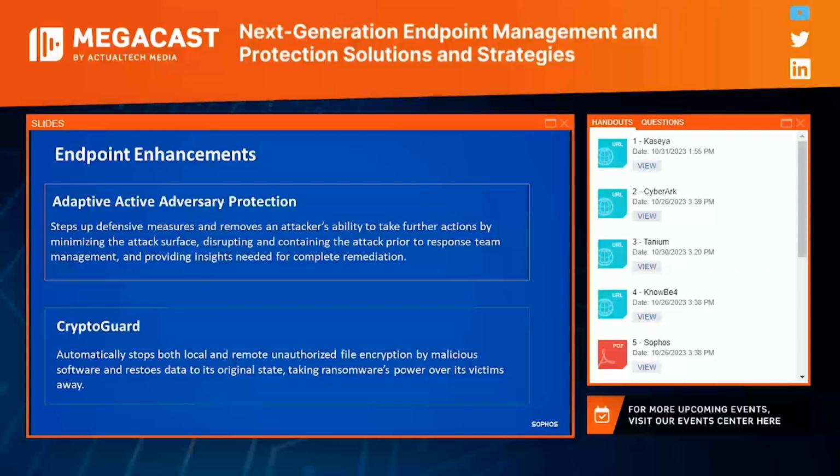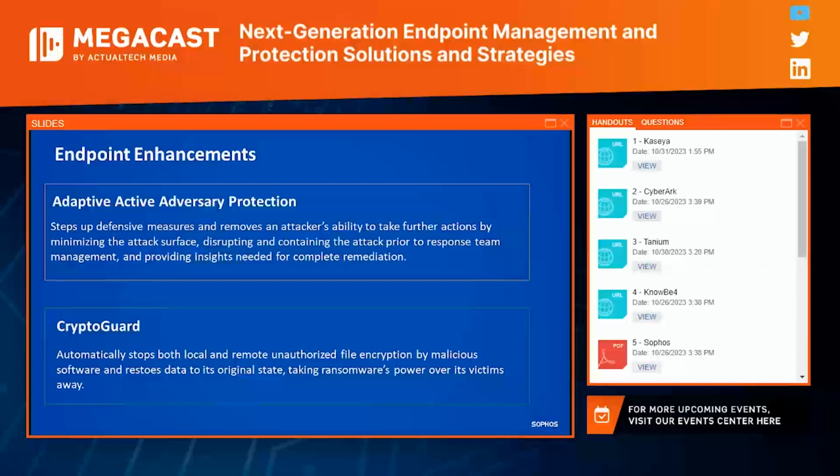We want to disrupt them and really buy time for the security personnel and the response team to come in. And we want to disrupt them in a way that we're still able to provide the insights needed for the complete remediation.